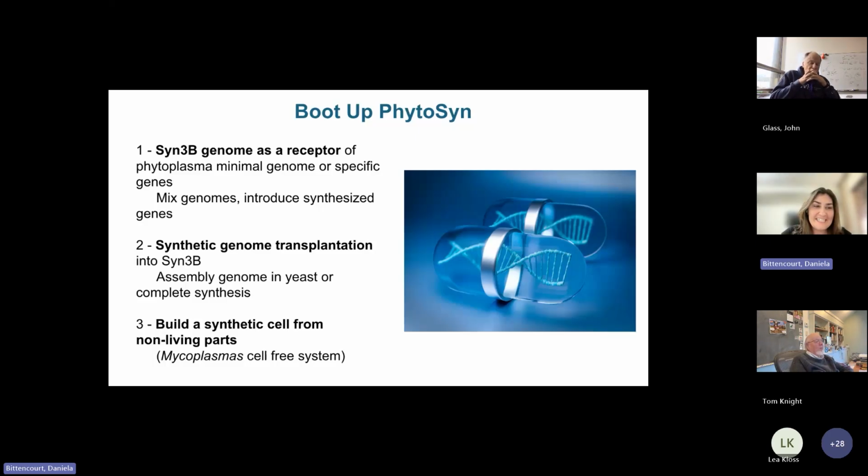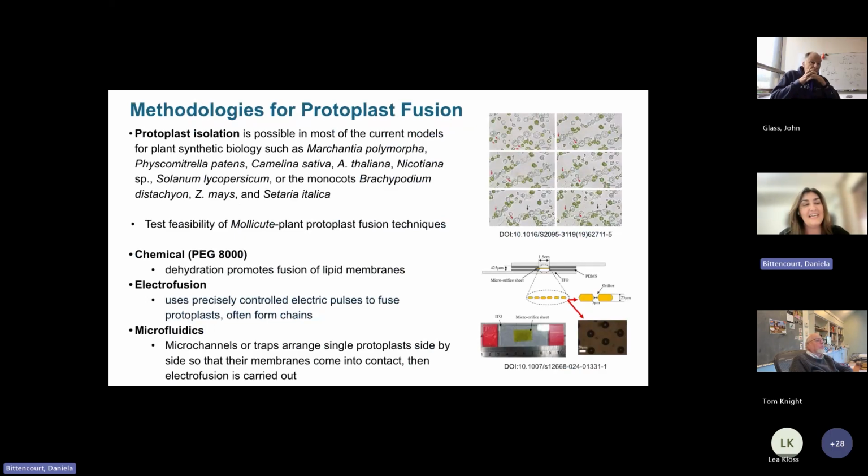So we hope we can manage this, but last but not least, we still have to manage to put our little feijoada inside protoplasts. So this is another step that we have to overcome. And to integrate phytosyn directly with plants, we are considering different protoplast fusion methodologies. So protoplasts can be isolated from any current plant synthetic biology models, from Arabidopsis to crops like maize and tomato.